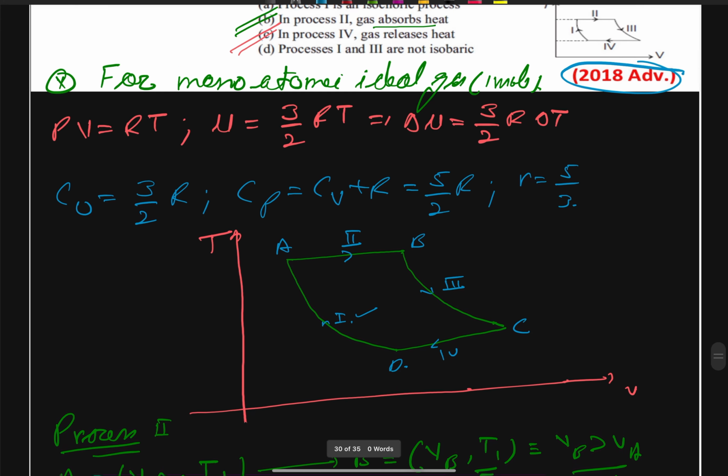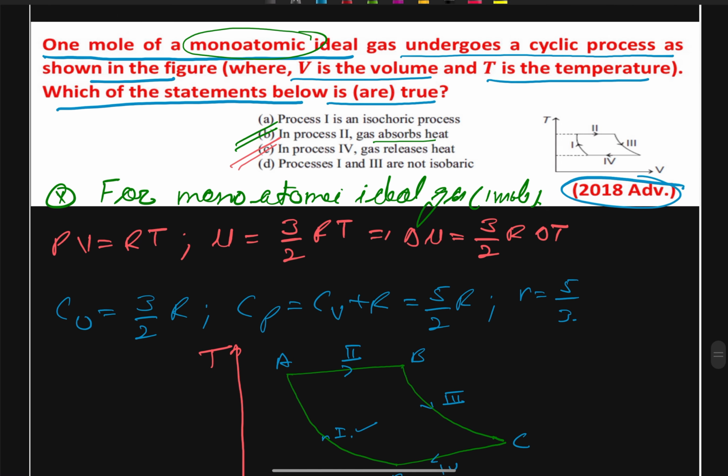So this is not isochoric and not isobaric. So option A is incorrect. Okay. And so process 1 is at least not isobaric, and we have to check process 3 now.